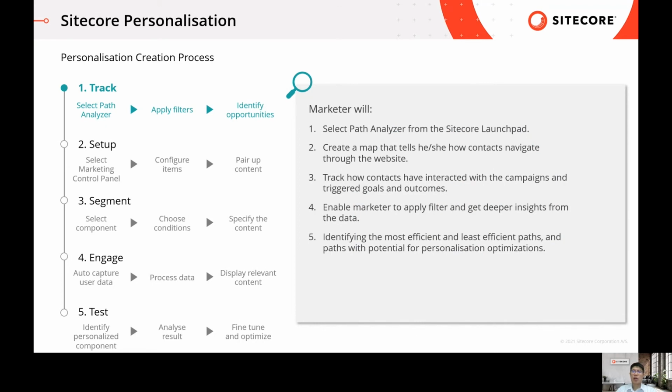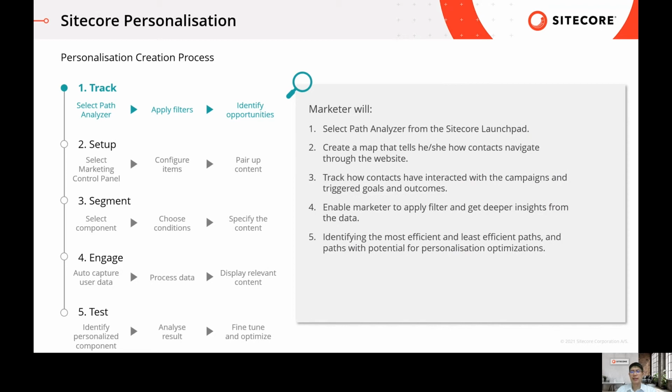Within Sitecore, you can leverage the Path Analyzer to help you identify which paths provide the most visits and whether or not they are bringing your business any value. The marketer will need to select Path Analyzer from the Sitecore Launchpad. Then they will need to select a map that they would like to drill down into for a deeper insight.